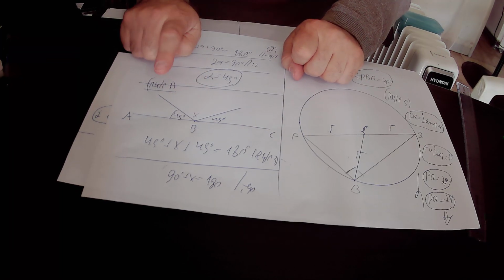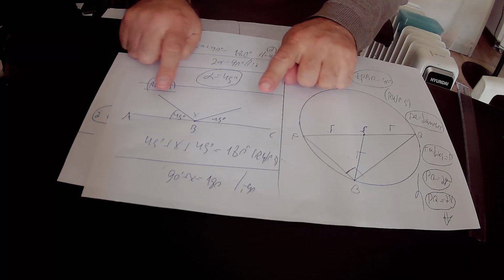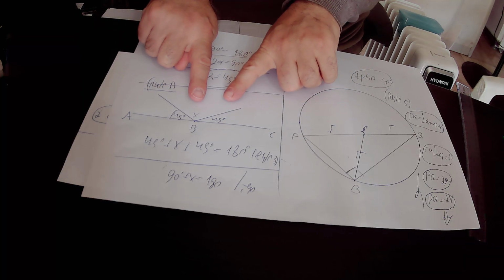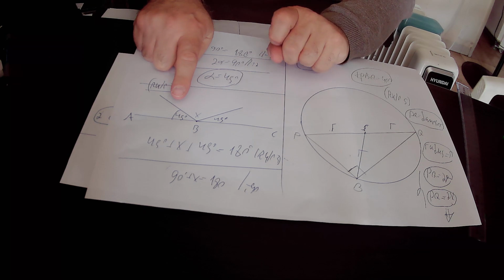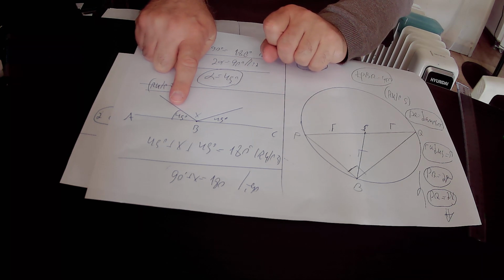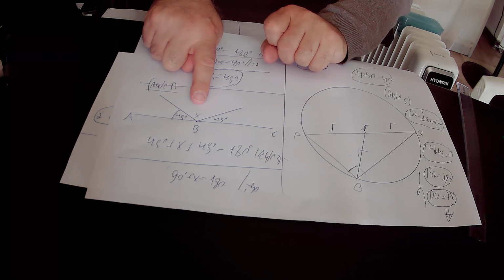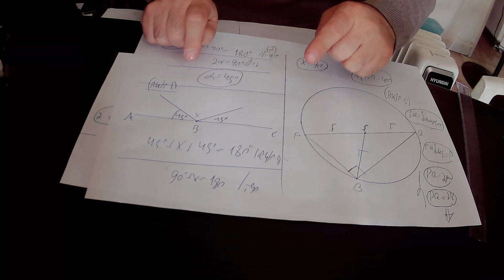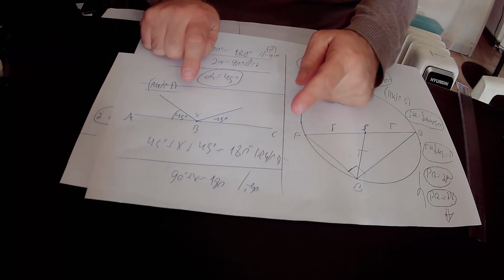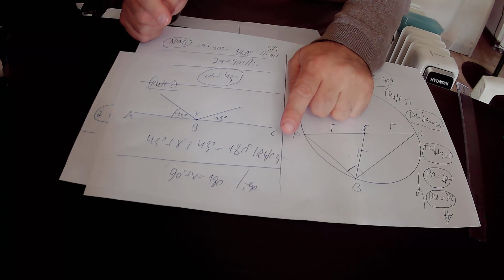This is point B. So the sum of the angles on the upper side of this straight line AC at point B must be equal to 180 degrees according to rule number 3. So which angles do we have at the upper side of AC at point B? We have this angle that is 45 degrees plus the missing angle that is X plus this angle that is 45 degrees. In total, the sum of those three angles must be equal to 180 degrees according to rule number 3.